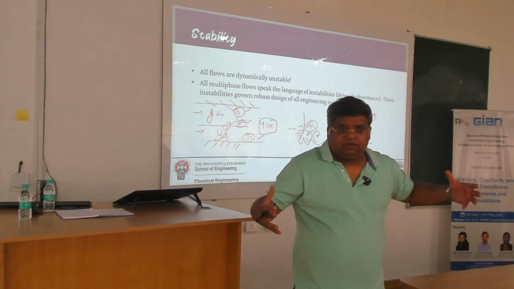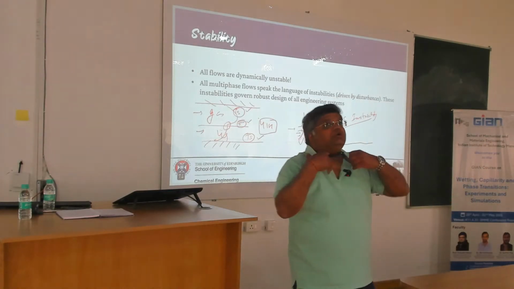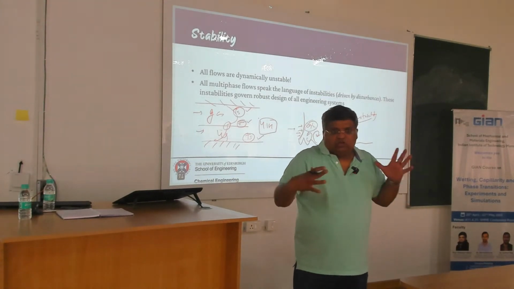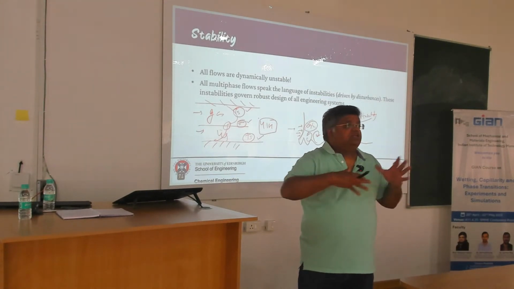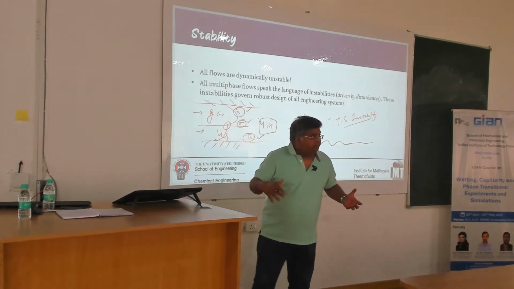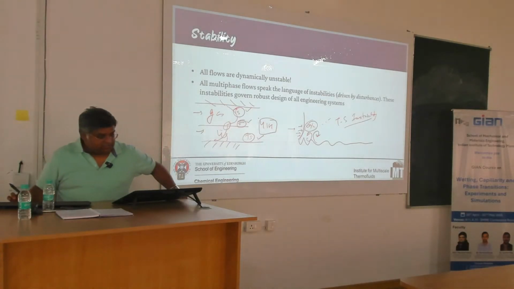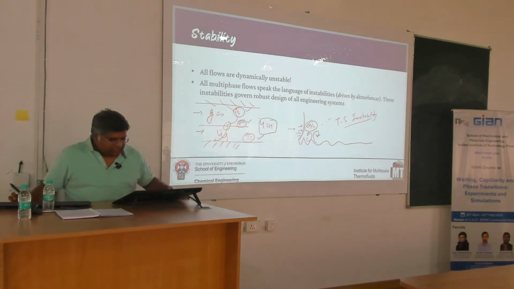Okay? To help that. Because once you have waves, it can go into slug flows, which is like a tsunami in a pipe, and which has huge pressure drop and pressure drop costs to it. Okay? So you need to understand these instabilities well and how they impact engineering systems.